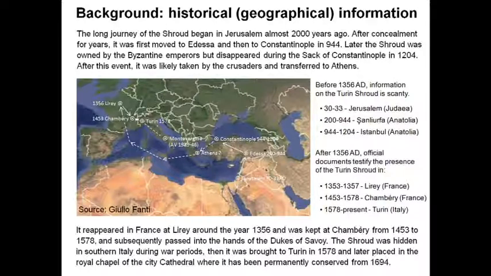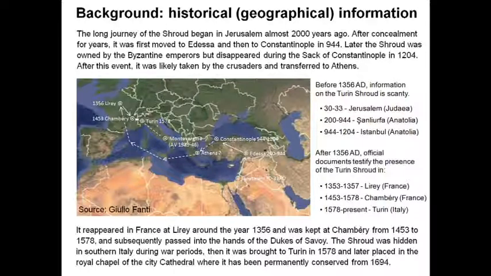After concealment for several years, it was moved to Edessa, now Sanliurfa, in the modern country of Turkey, and then to Constantinople in 944. Later, the Shroud was owned by the Byzantine emperors, but disappeared during the sack of Constantinople. So we are here in 1204.